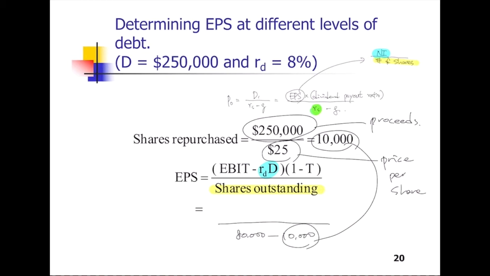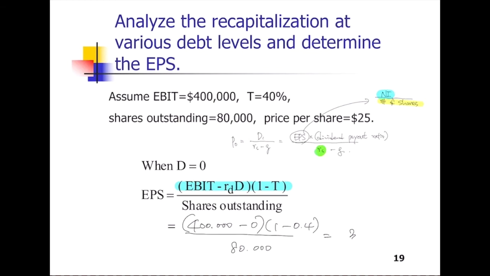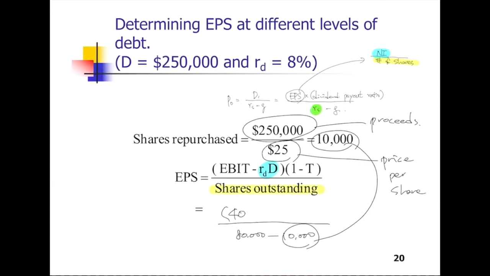And numerator is EBIT. EBIT is here, 400,000. RD is 8%, right here. The debt amount is here.